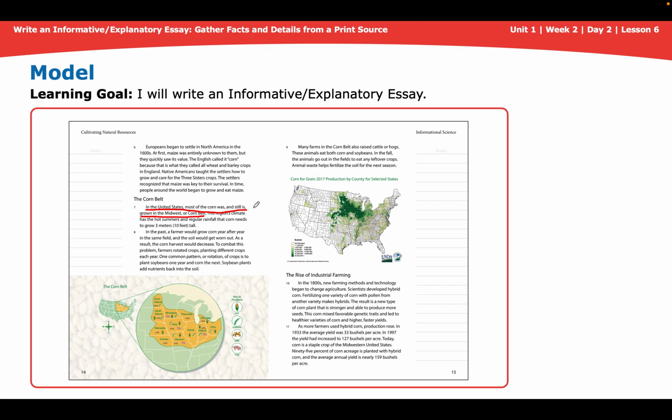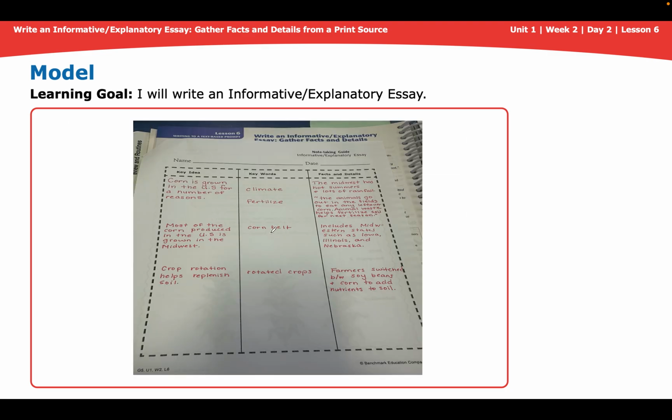It's also saying that the reason is because of the climate. So it has the hot summers and regular rainfall that corn needs to grow. So I would write that key idea, which I did, right here. Corn is grown in the United States for a number of reasons. Then I put climate, because that's a key word. You saw me circle it. And it says the Midwest has hot summers and lots of rainfall.